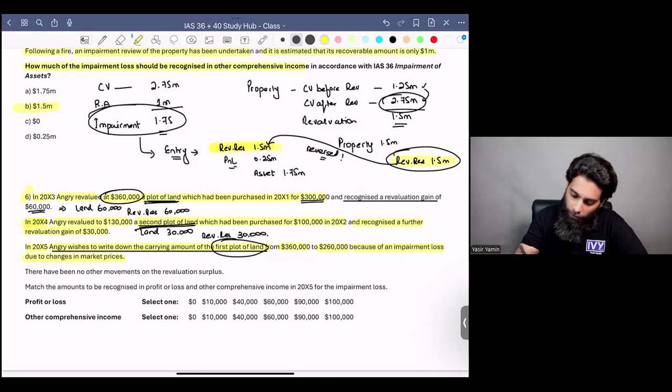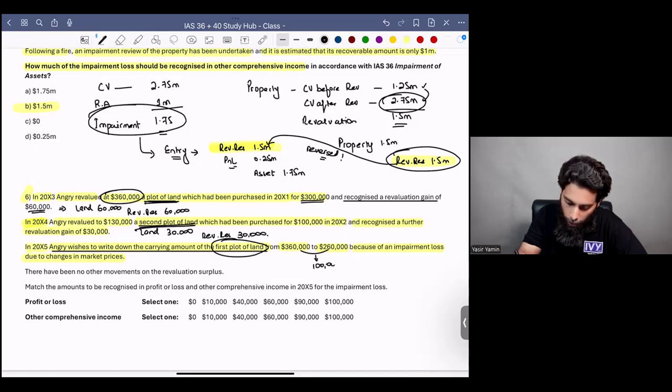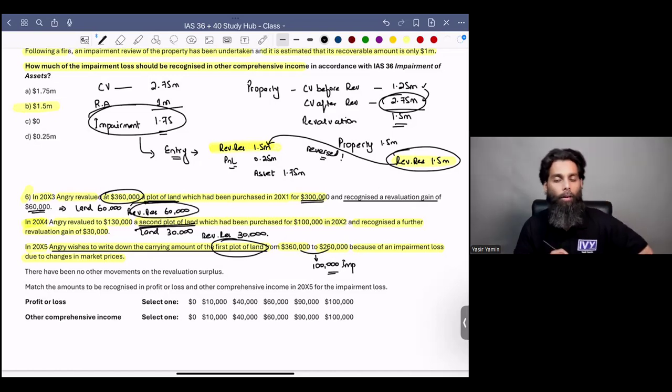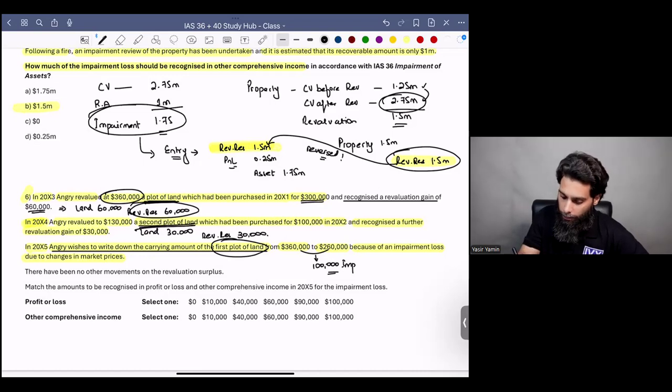So basically on the first plot of land, you want to recognize $100,000 worth of impairment. Now remember, the land on which you are trying to recognize $100,000 loss already had a revaluation reserve of $60,000. So what should be the accounting entry, guys?